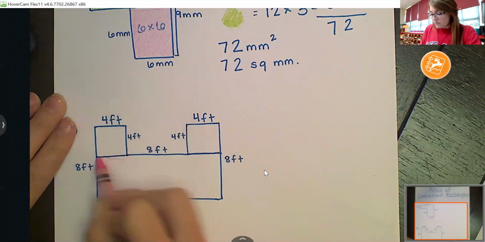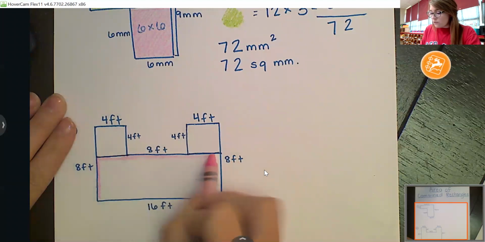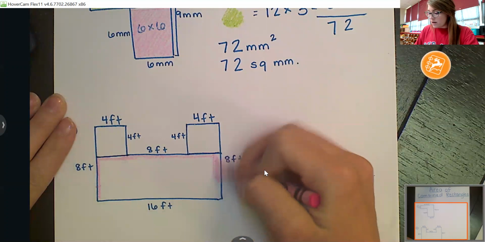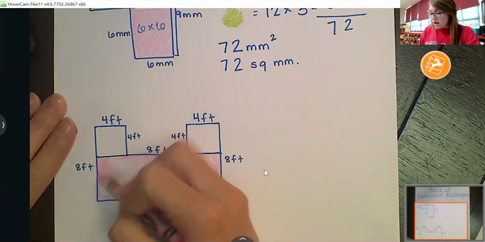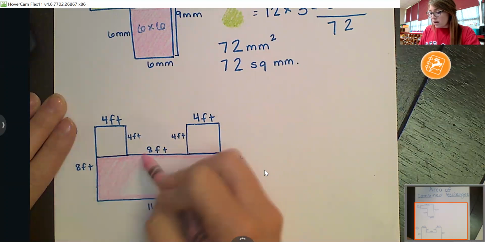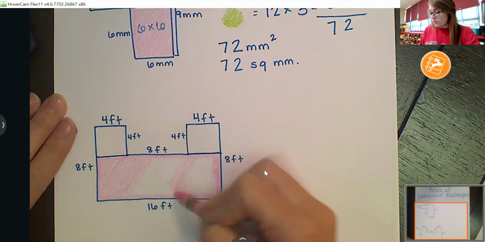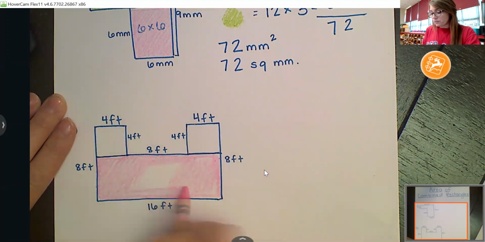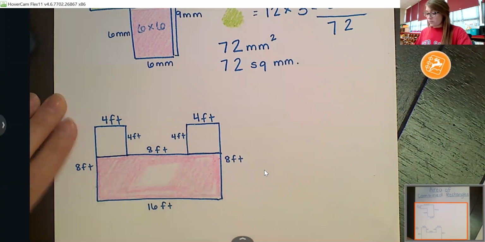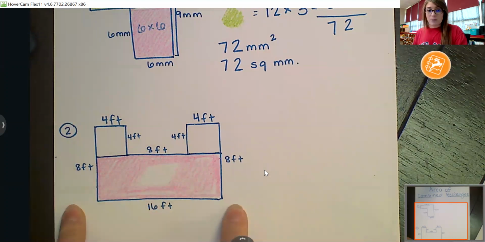All right, now I've got several measurements here that I need to weed through to figure out which ones I'm going to be using and which ones do not have anything to do with this specific rectangle down here. Okay, so I see one for sure that I'm going to use.